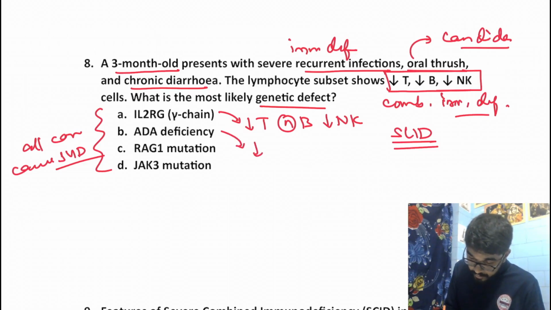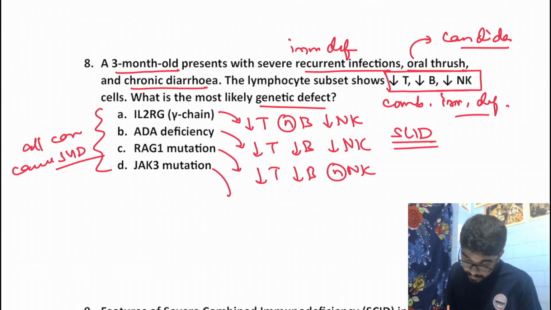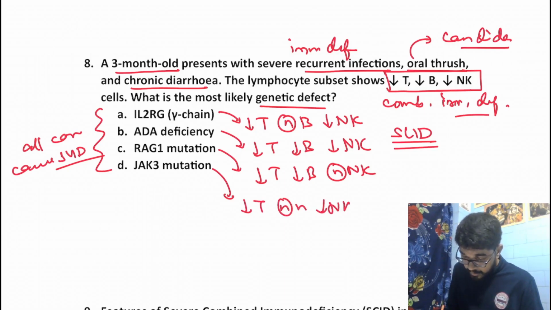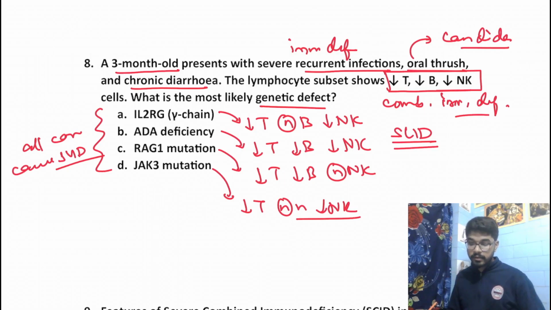ADA deficiency would result in decrease in all three of them, decreased T, B, and NK cell. RAG1 mutation would result in decrease in T and B cell, but normal NK cell. And JAK3, similar to interleukin 2, decrease in T, normal B, decrease in NK cell. Now this thing is important to differentiate which genetic defect is present, right? So from the given information, our answer would be ADA deficiency, right?